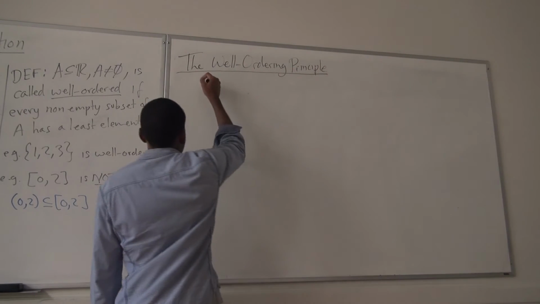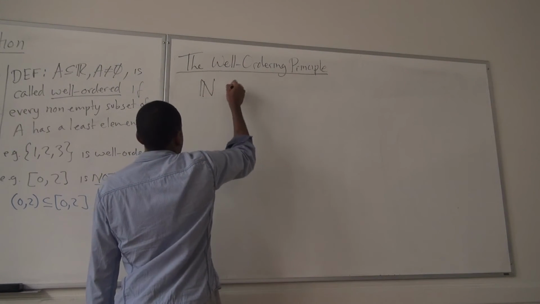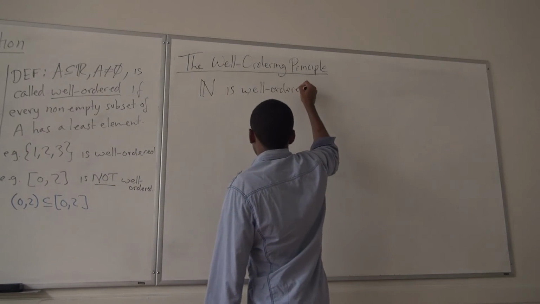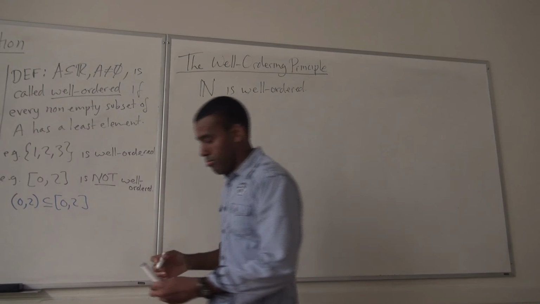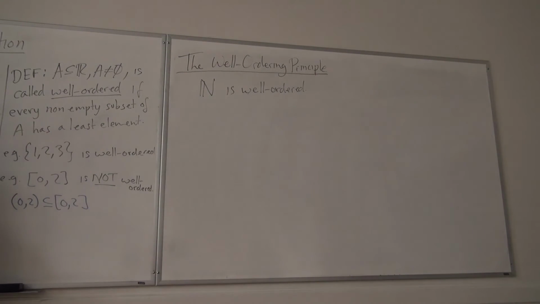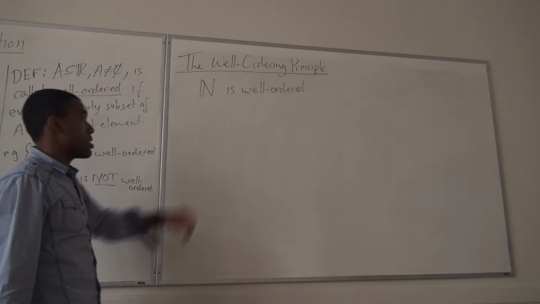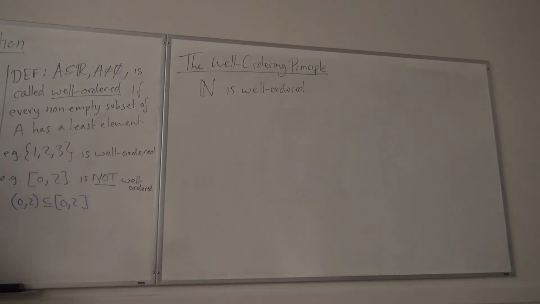It's not a huge principle, it simply states this: N is well ordered. The set of natural numbers is well ordered. Any non-empty subset of N that you take will have a least element. N itself has a least element, and any non-empty subset of N will also have a least element. And that's it.